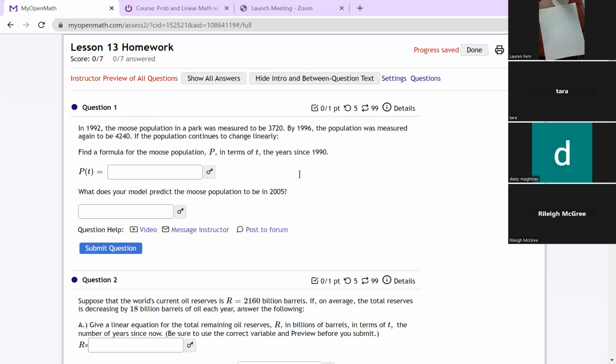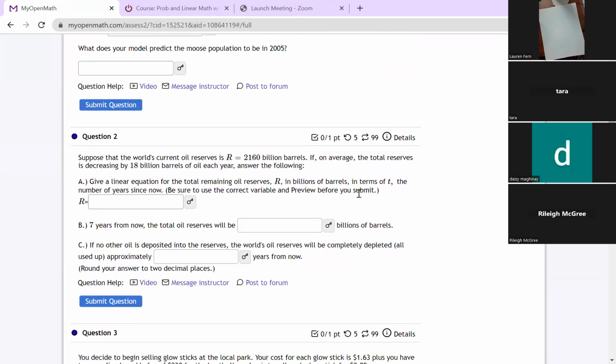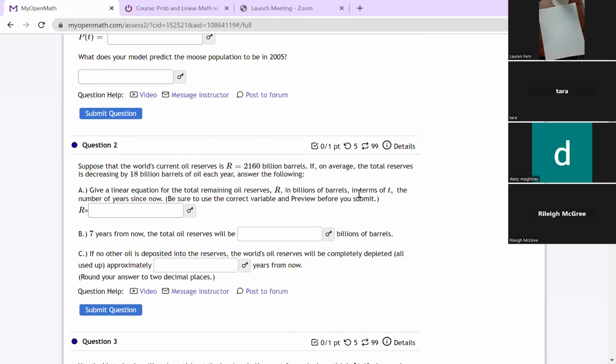Cool. All right. The next exercise that you are asked to do is another linear equation. Now, what we're told here, at least using my numbers, is that currently we have 2,160 barrels of oil, or billion barrels.